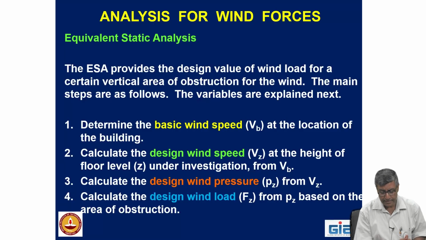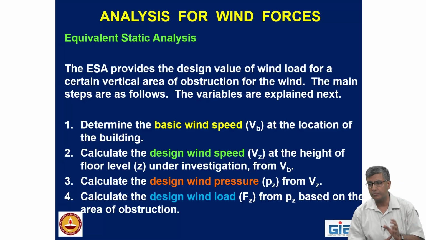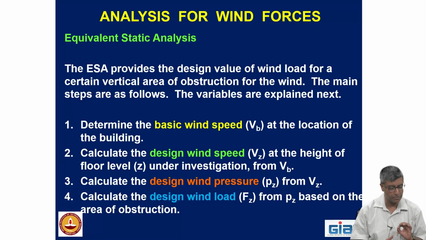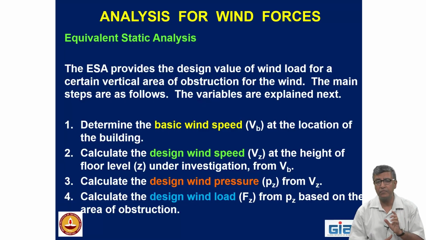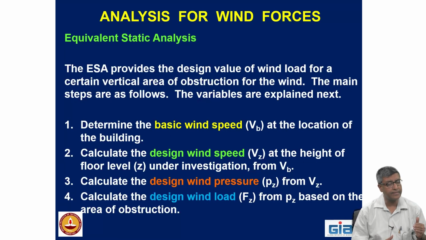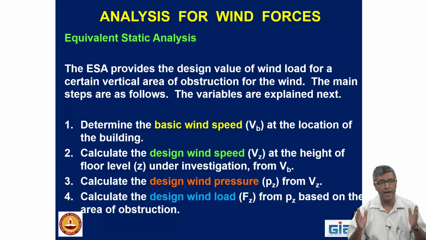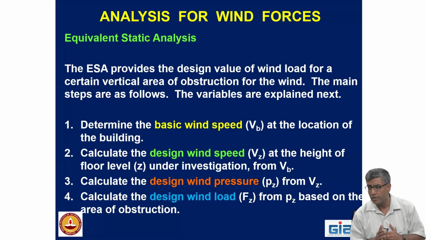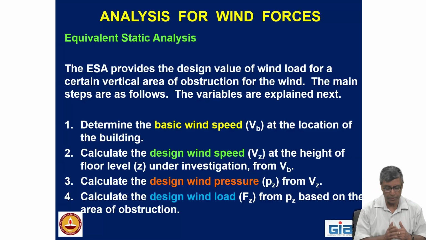That is calculated based on Bernoulli's theory, but in the code it is given in a simplified expression for the Indian conditions. Some of these expressions you will find differ in other codes. Once I know the pressure, I calculate the force, which is the pressure times the area perpendicular to the direction of the wind flow.